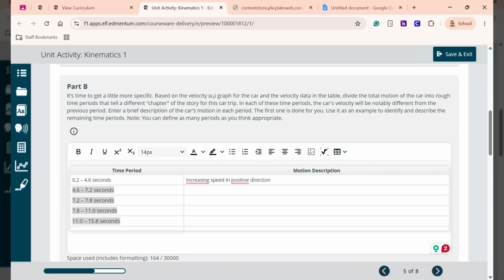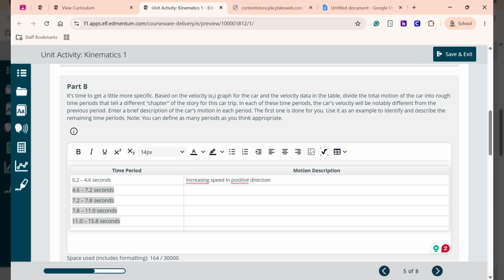And so here I kind of broke these down. I helped you out here by breaking down more or less the time intervals that you should be looking at. For the first one, it gives you increasing speed in the positive direction, right? For the next time interval right here, you should be explaining: is it increasing speed in a positive direction? Is it decreasing speed in a positive direction? Is it at zero?